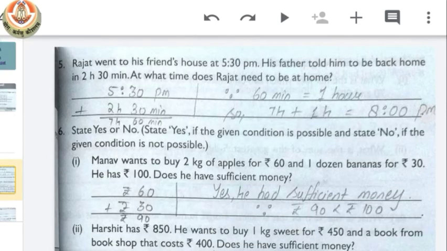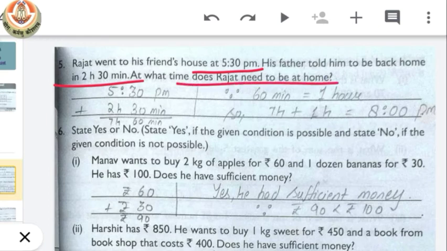Now the next question is: Rajat went to his friend's house at 5:30 p.m. His father told him to be back home in 2 hours 30 minutes. So we have to answer at what time Rajat needs to be at home. This type of question we did in our chapter number 4 also.